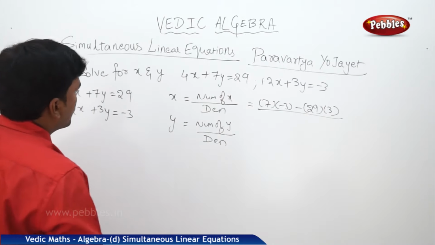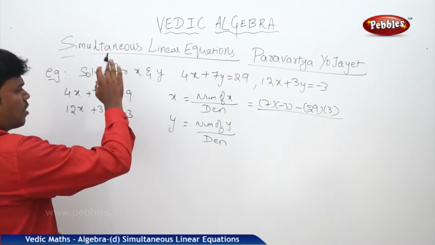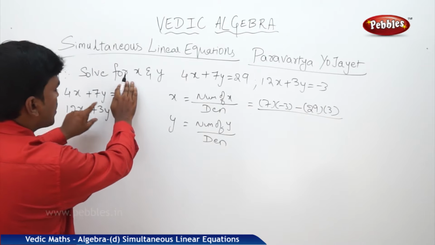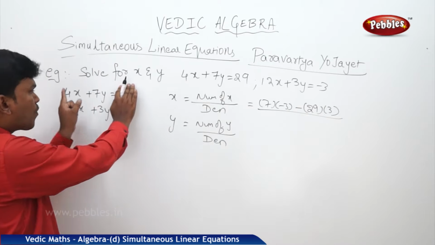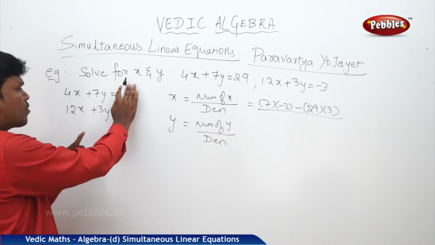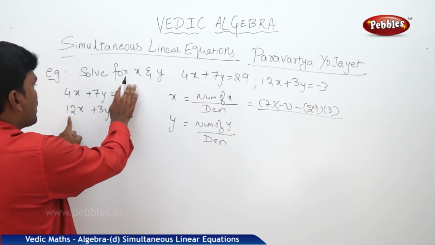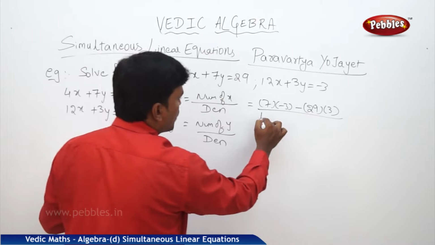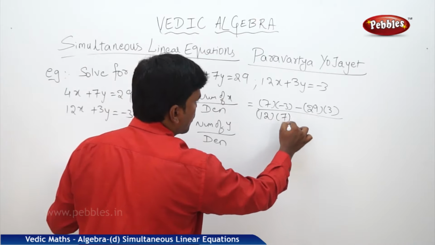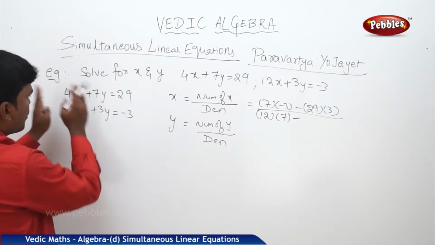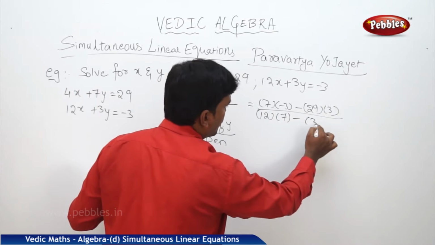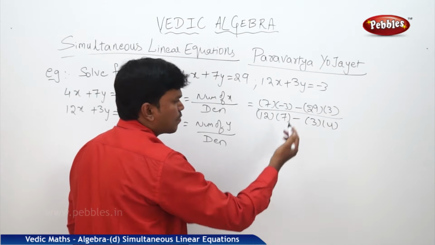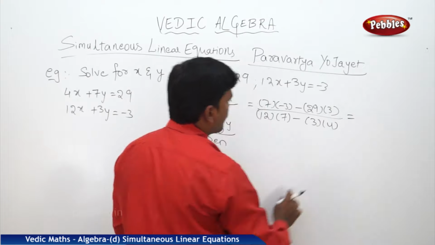To get the denominator, ignore the constant terms, but take the difference after cross multiplying, in a reverse order. First multiply 12 into 7, minus 3 into 4.